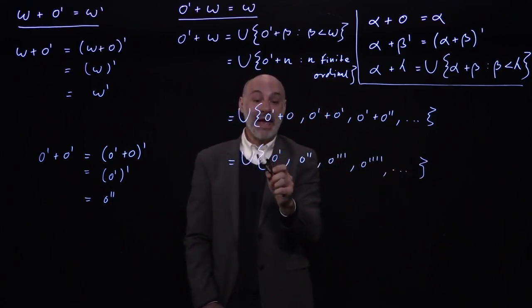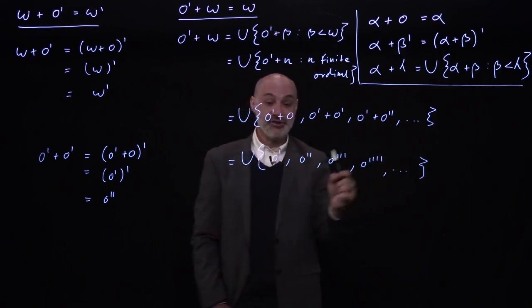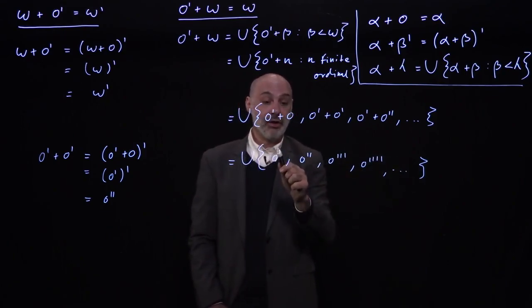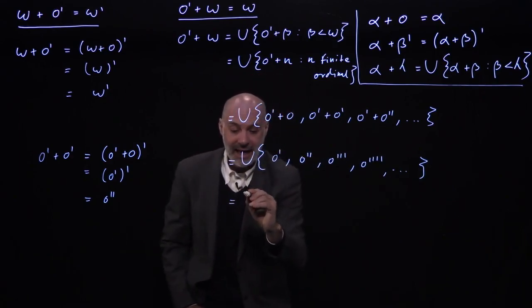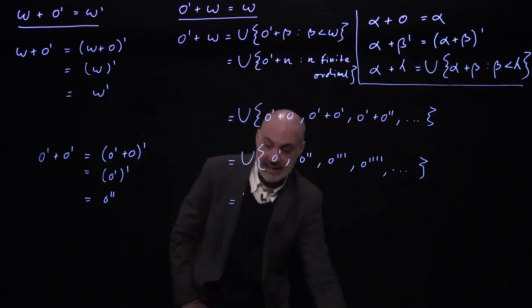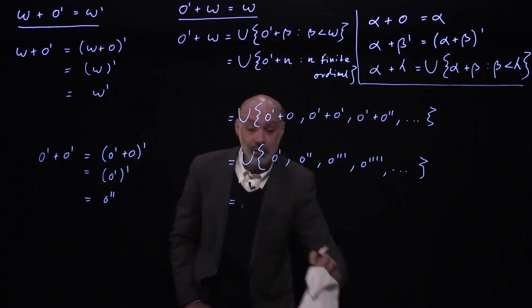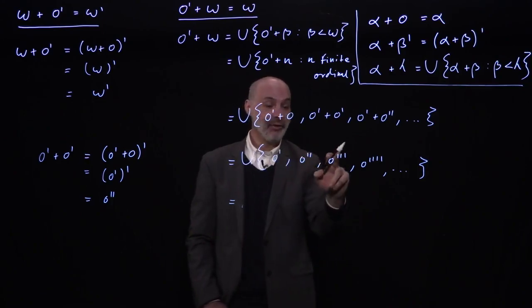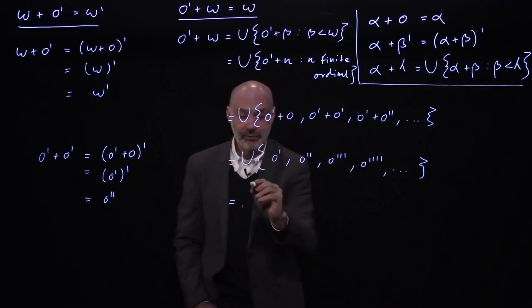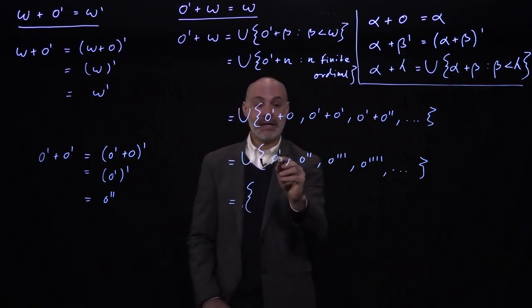So this set is just the set of finite ordinals starting with 1. And their union is simply the result of pooling together the elements of each of them.